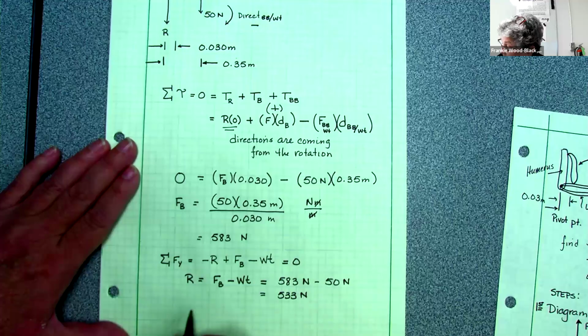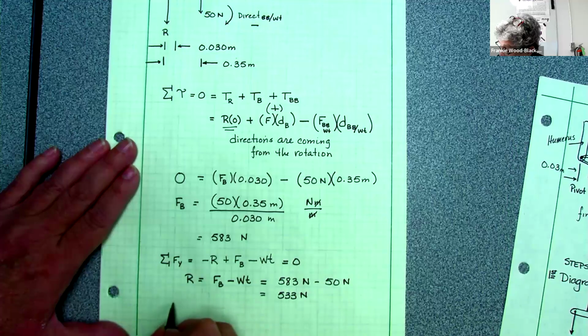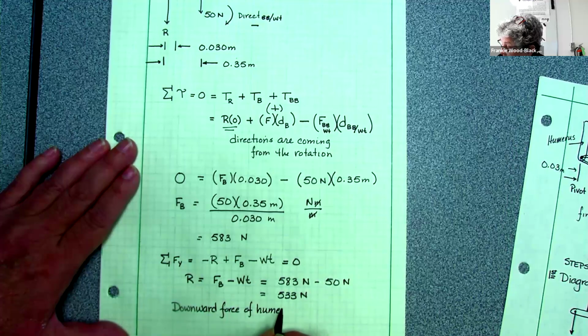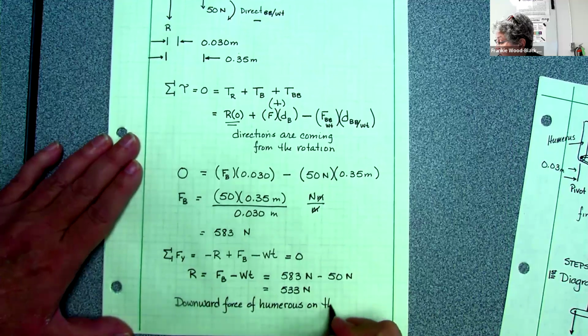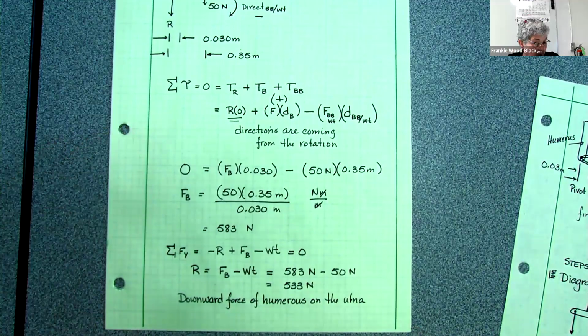That we said was the downward force of the humerus on the ulna. So we get that lovely calculation.